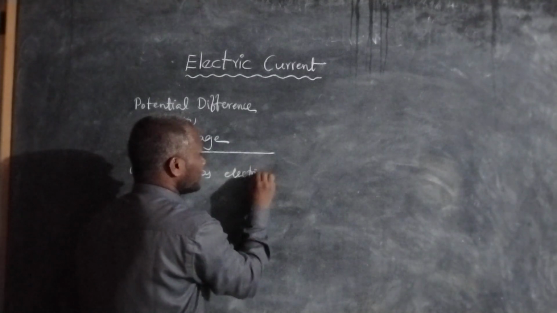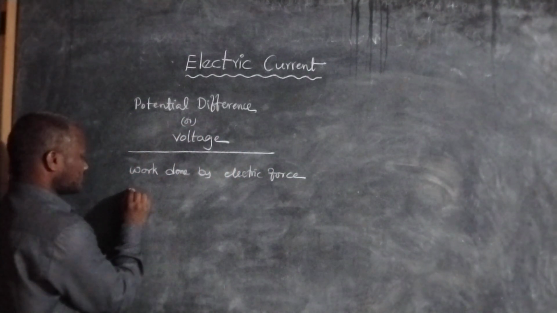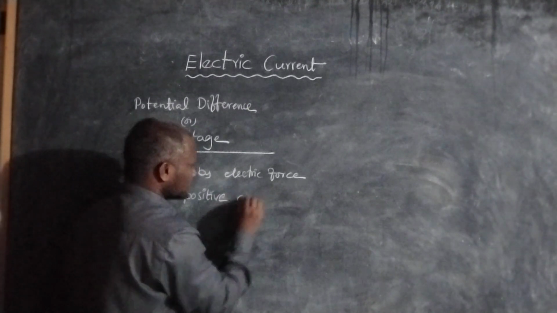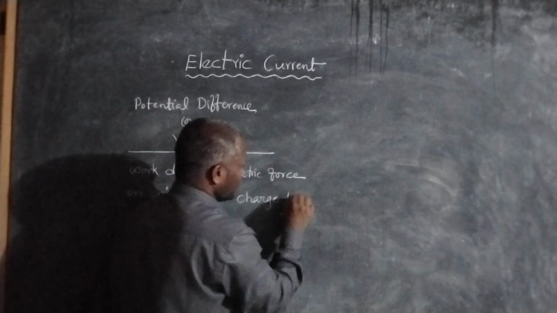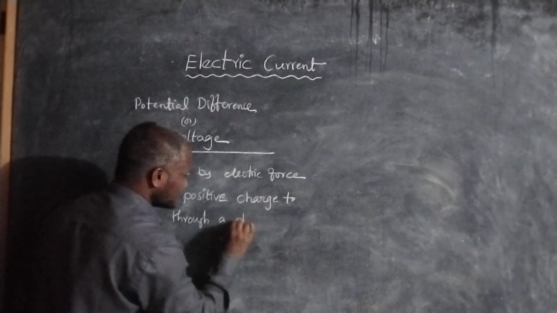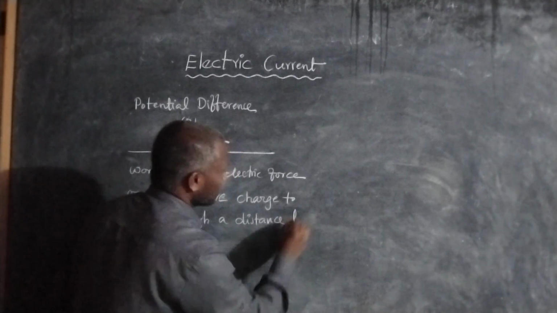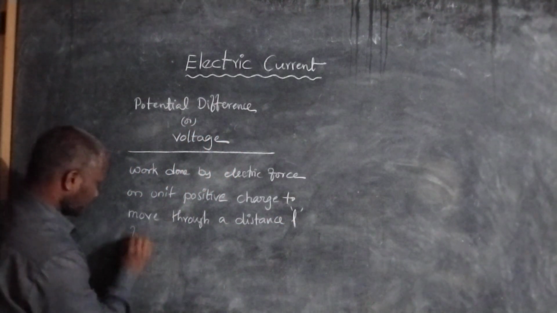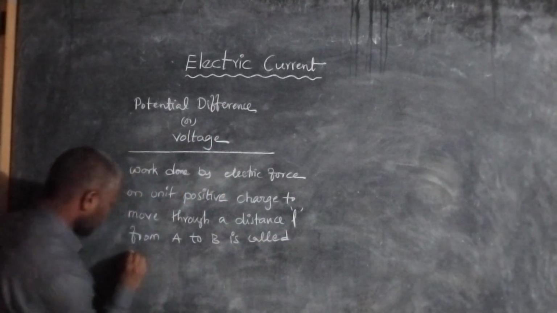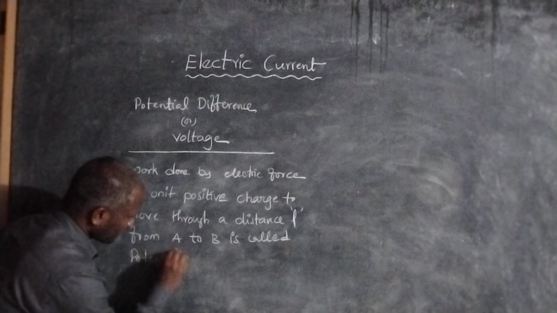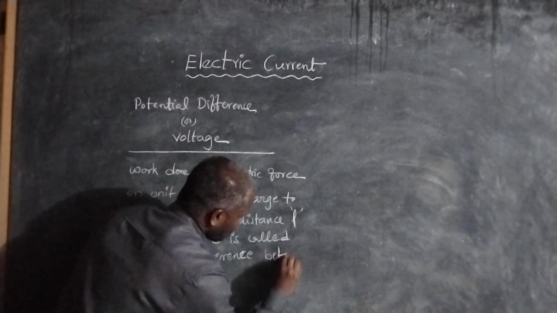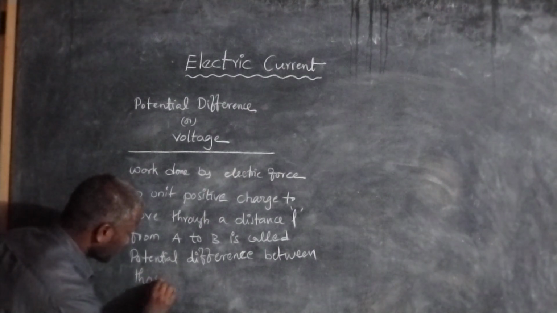Work done by electric force on unit positive charge to move through a distance L from A to B is called potential difference between those points.